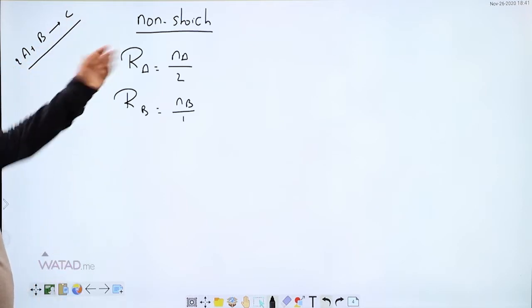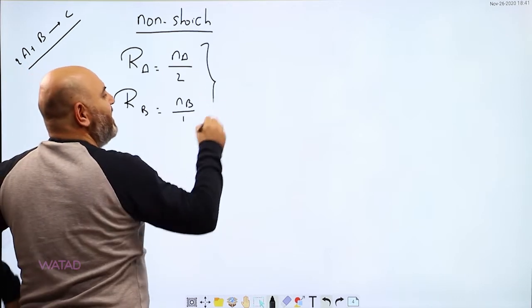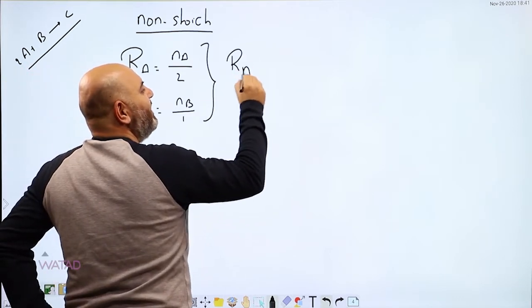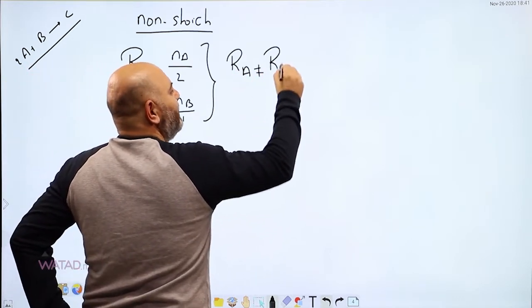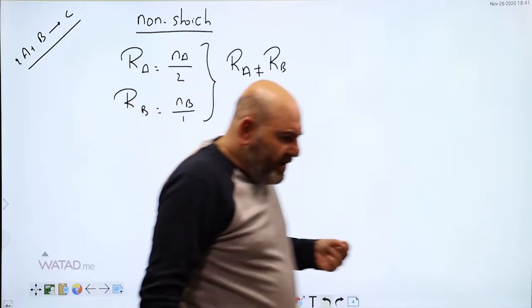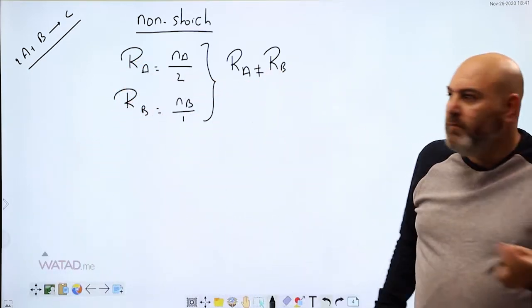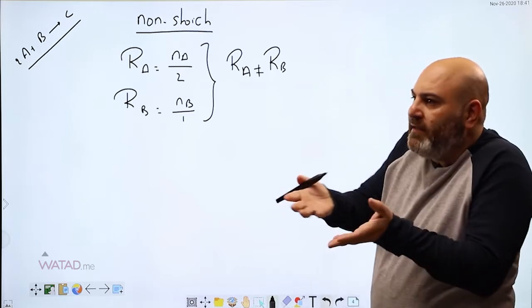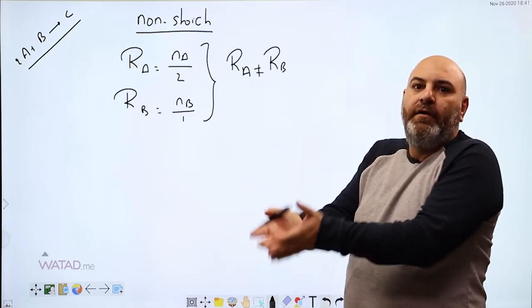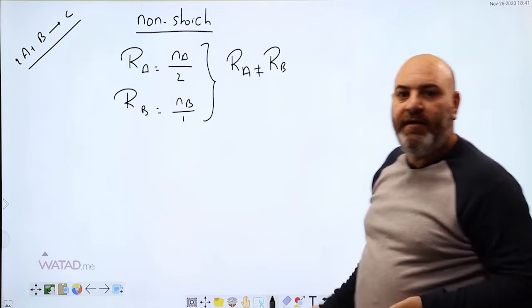Here, for the mixture to be non-stoichiometric, it means the ratio of A is different from the ratio of B. Any inequality means that they are not equal. What does it mean that they are not equal? It means one is greater than the other.